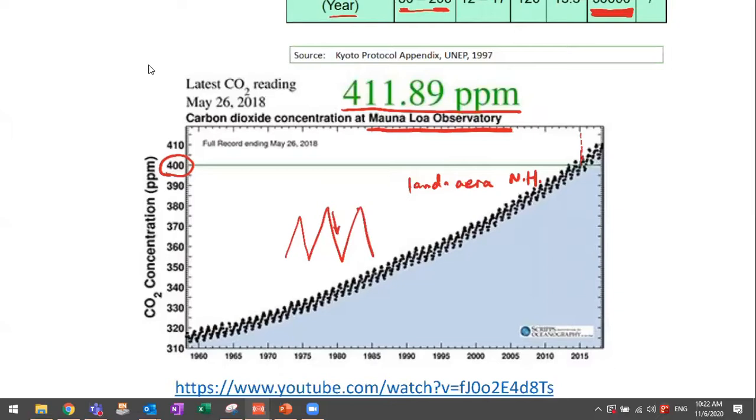While during the winter, because there is less land area in the southern hemisphere, its contribution to photosynthesis is lower compared to the northern hemisphere, so the carbon dioxide will increase. So we have this seasonal cycle here. Each year the concentration drops down and increases up. But in general, as an average, you see the carbon dioxide concentration always keeps increasing.